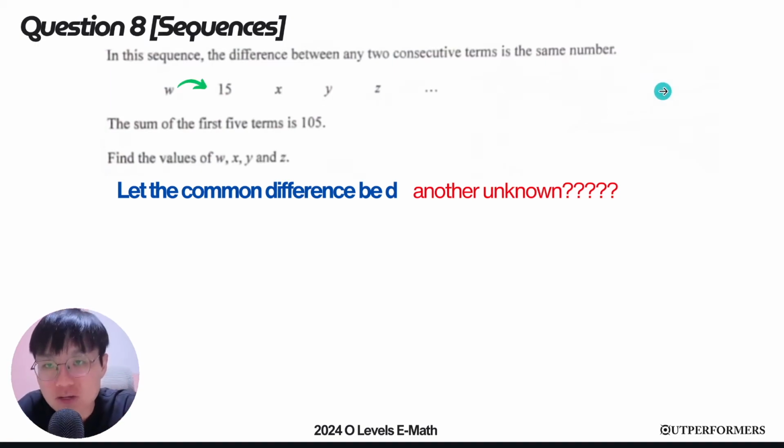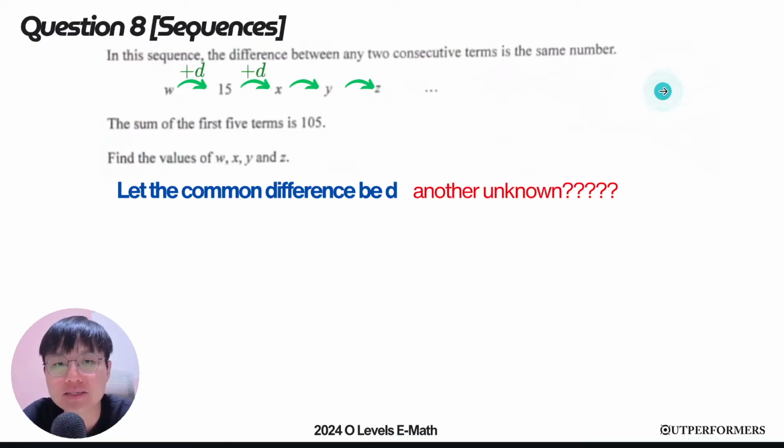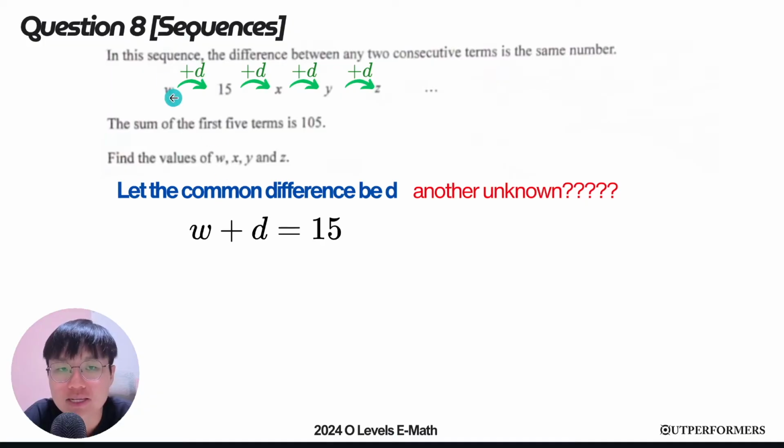When you include this d, of course it's going to represent here plus d, plus d, plus d, plus d. Why do we want to do that? It's because we have this number over here which allows us to say that w plus d gives us 15. You may not be able to see the full picture yet, but let's move on.